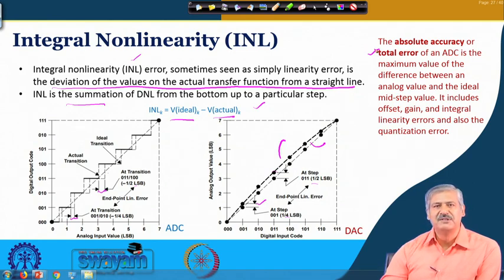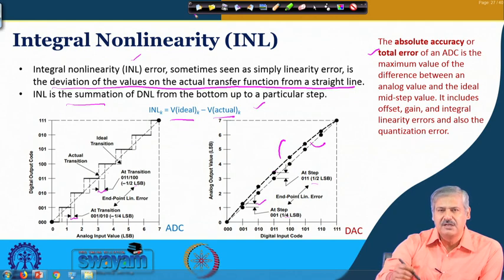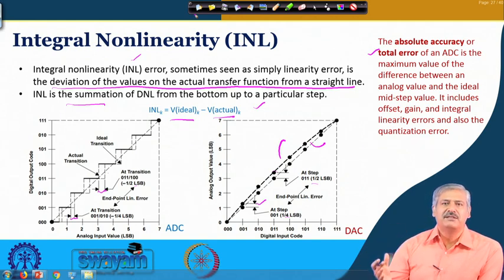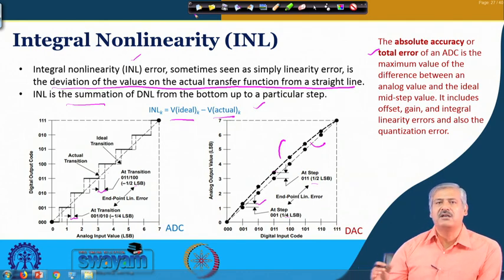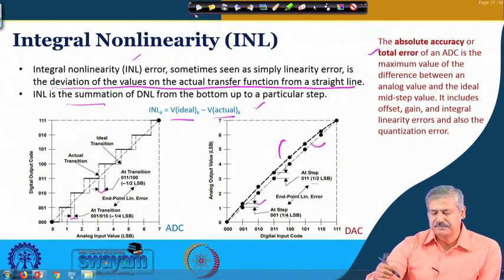So these are certain important performance metrics or issues that we need to take note of when we talk about ADC and DAC, other than how many bits it requires and the time it requires for conversion. These are also issues by which one has to pick one from the other.